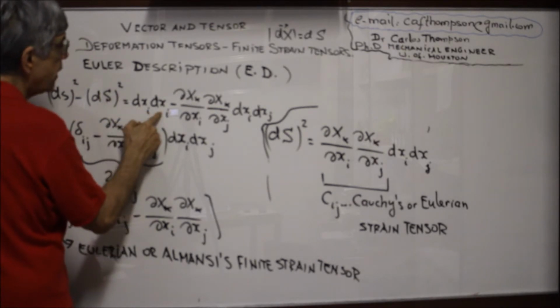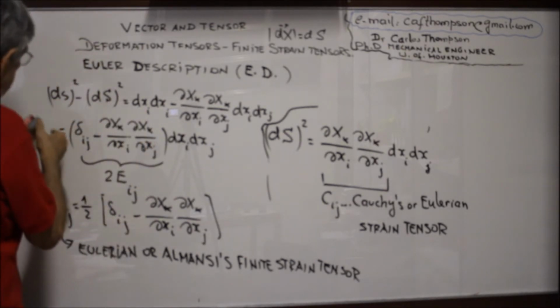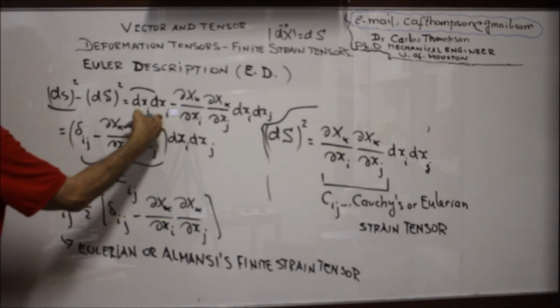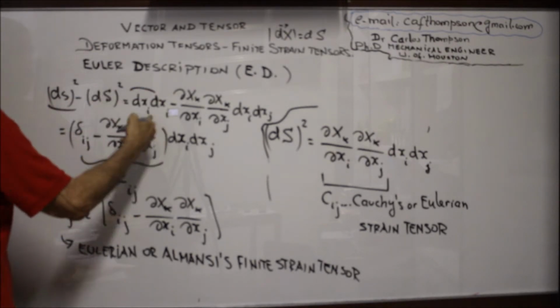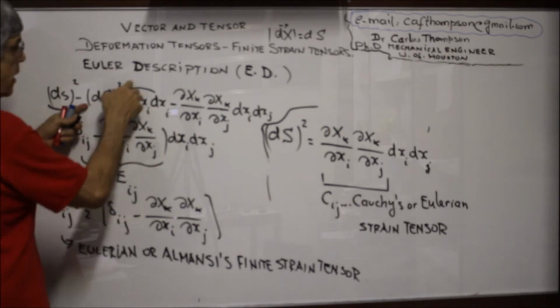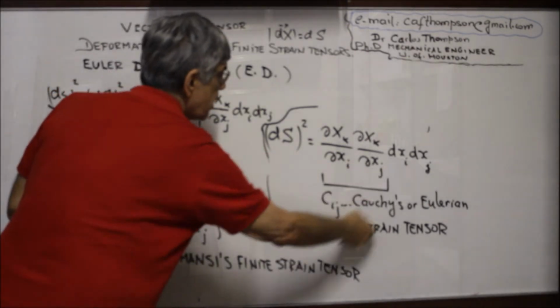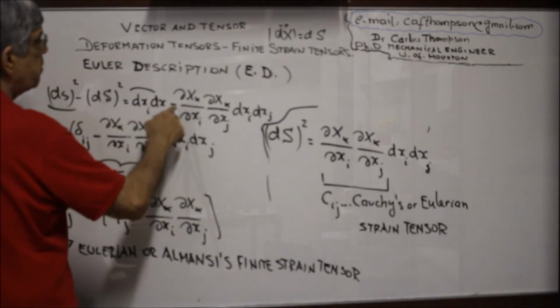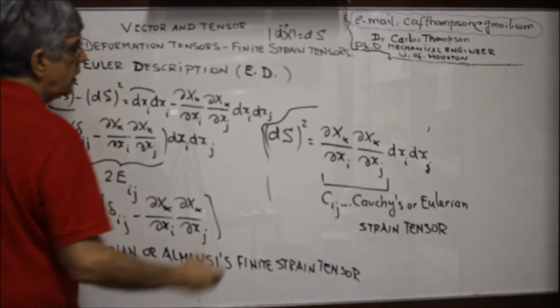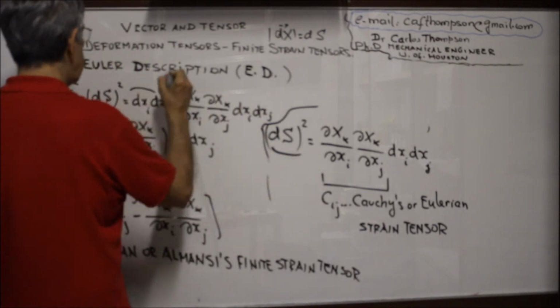This is dxi dxi. So you see ds squared over here. This is dxi dot dx. So dxi dxi minus, now ds squared, you already did over there. So this is minus, you just substitute over here this ds squared right here.